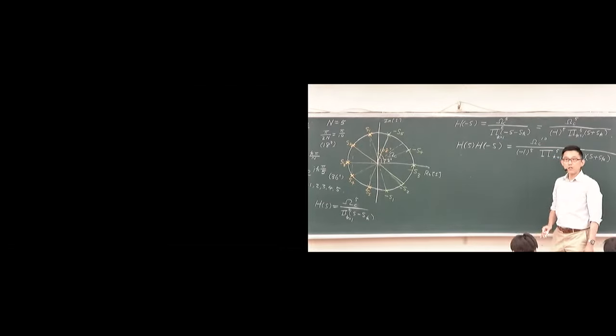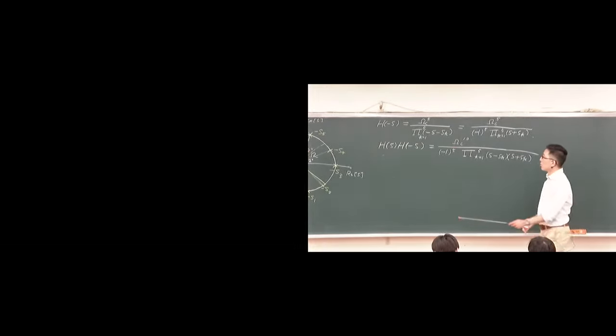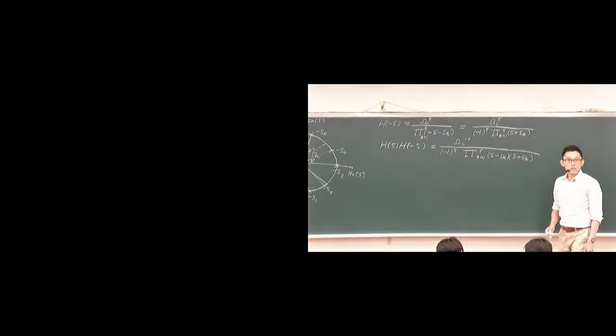It relates to the 10th root of 1. Now, 1, 2, 3, 4, 5, 6, 7, 8, 9, 10, they are all related to the 10th roots of 1. Can we agree on that? So let's write it down. Be careful, we have omega c to the 10th power on top, and let's copy minus 1 to the 5th power. And here, we are really looking at s minus omega c to the 10th power.